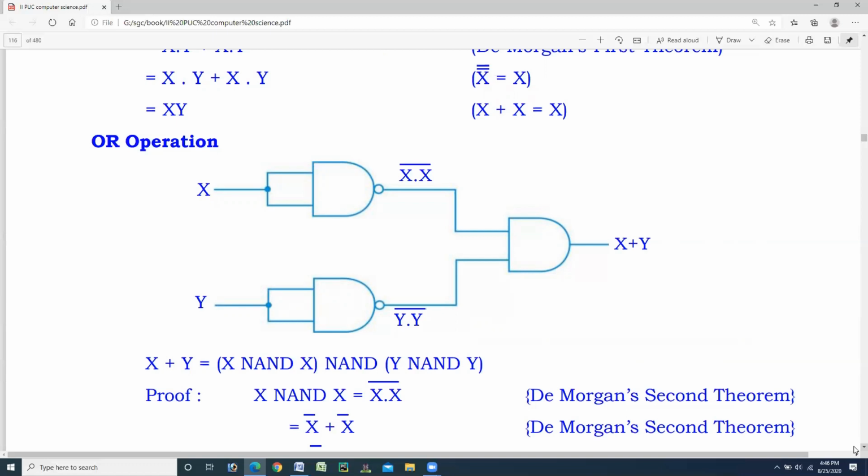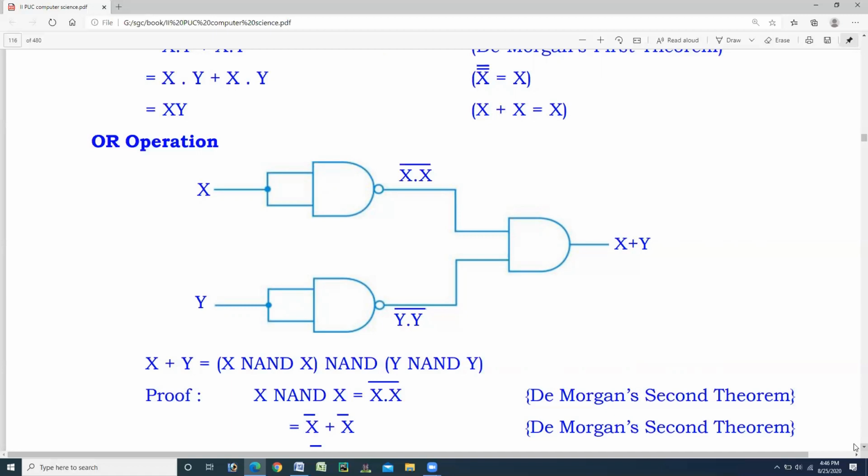For that we need 3 NAND logic symbols. The sequence is easy: 1 NAND symbol, 2 NAND symbols and 3 NAND logic symbols. 1 is used for NOT, 2 symbols are used for AND, and 3 for OR. Because from the NAND, NOT is over, AND is over, what is remaining is OR. For that, 3 NAND logic symbols are required.